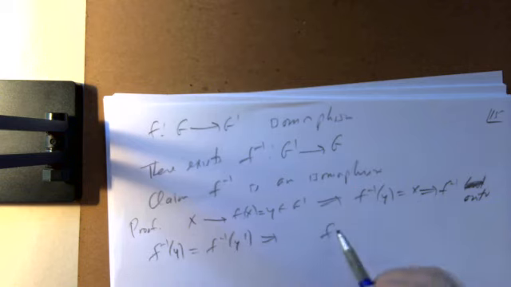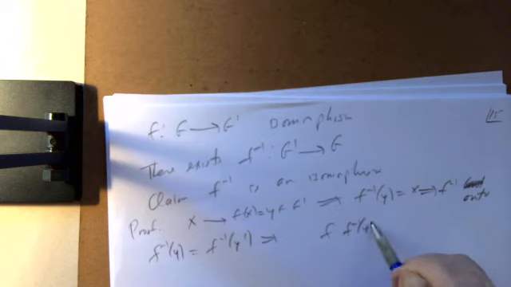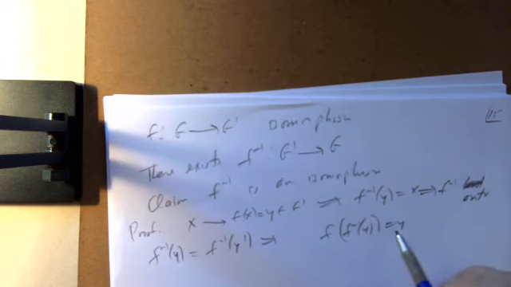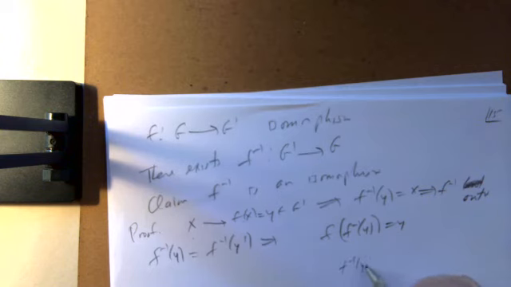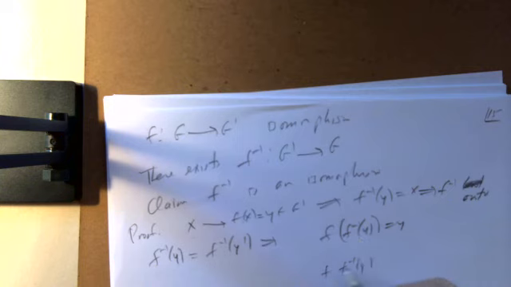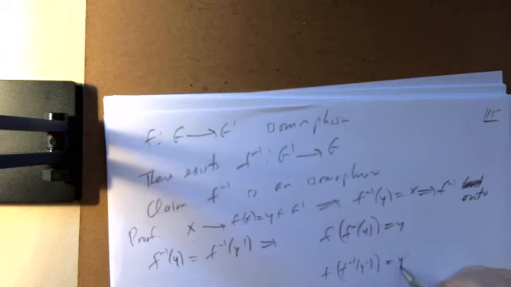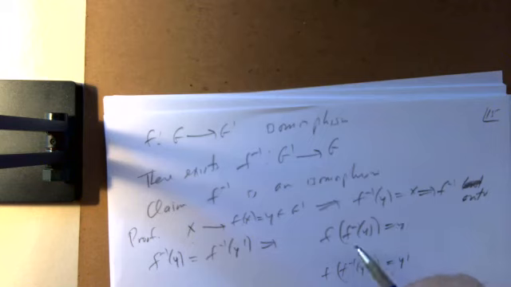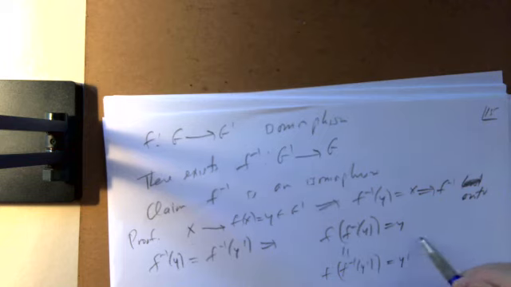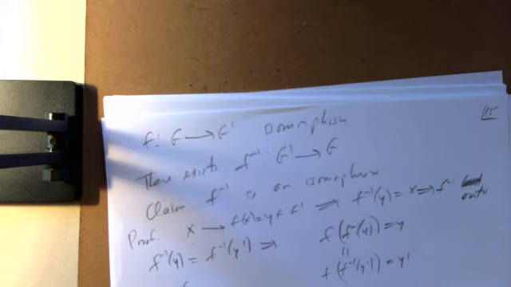That's the element x such that f of f inverse of y equals y. And f inverse of y prime is the element x such that f of f inverse of y prime equals y prime. And if f inverse of y equals f inverse of y prime, when you apply f to that, you get the same element. So y equals y prime. So therefore, f inverse is also one-to-one.